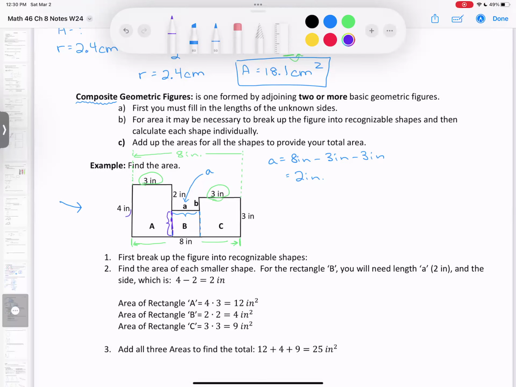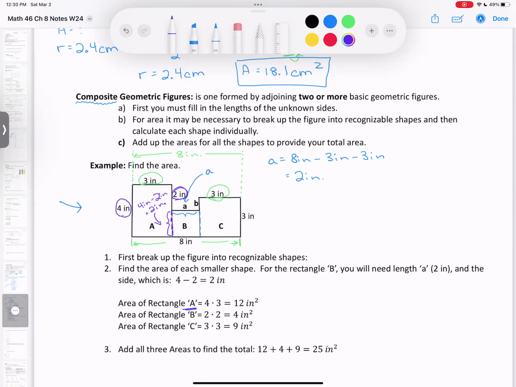We know 4 inches is our overall width or height, however you want to look at it, and we know that 2 of those inches were used up here. So this must be 4 inches minus 2 inches, so it's 2 inches. Now we have all of the lengths and widths that we need for this shape.